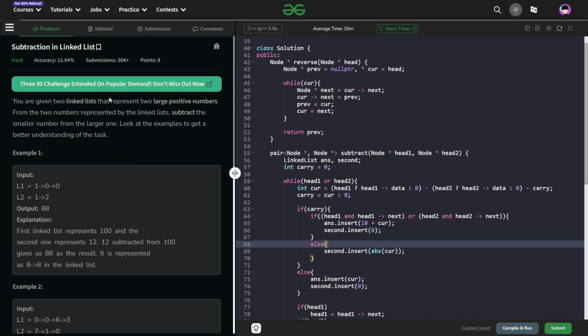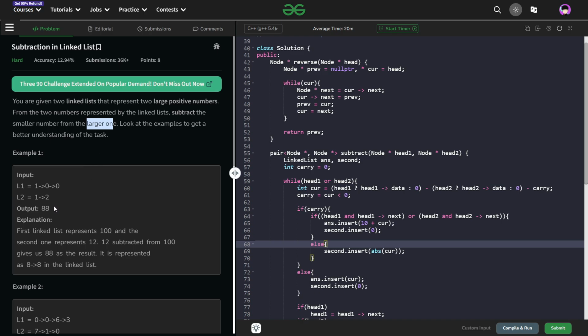So it basically says that we have been given two linked lists that represent two large positive numbers, and we have to find the difference between those numbers. Difference is basically subtracting those two numbers, and we have to subtract the smaller number from the larger one, right? So basically we have been given two values, both of them positive integers. We have to find the difference between them, and that difference has to be the absolute difference.